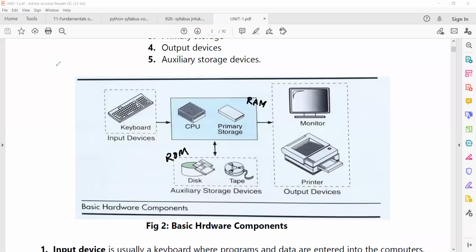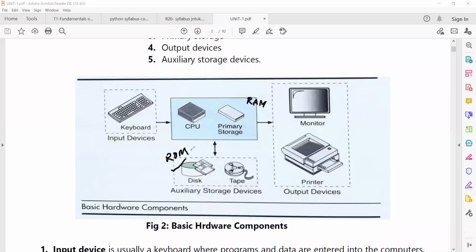If you save the file, then only you get the data, because you have saved it on a permanent storage device. Data can be stored on disk or tape.